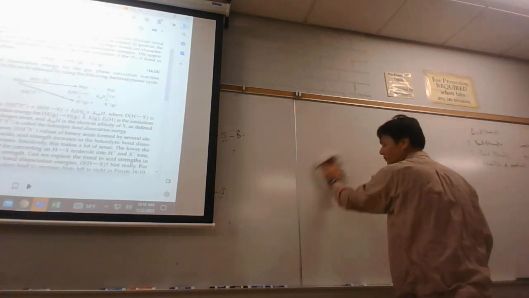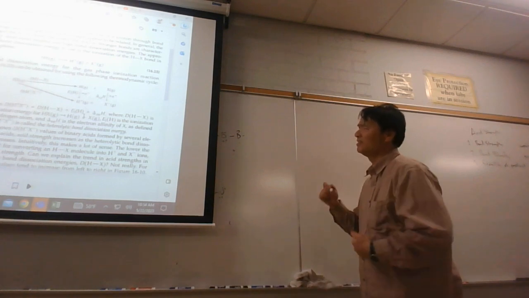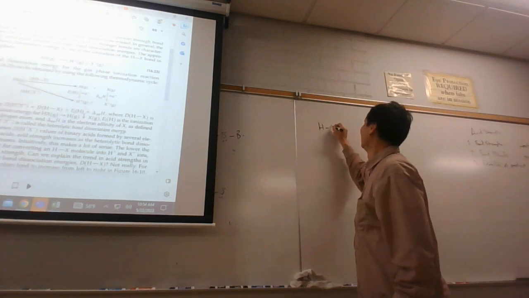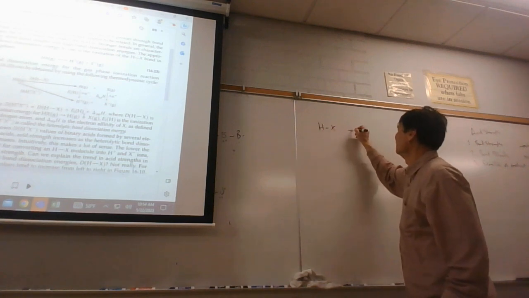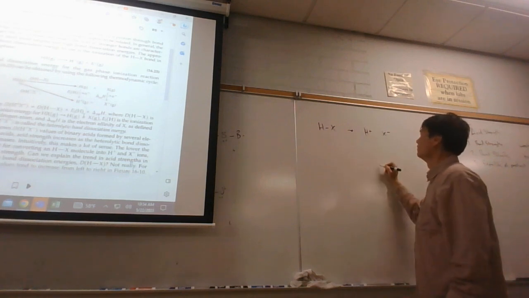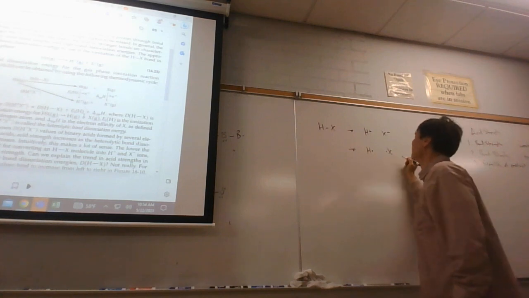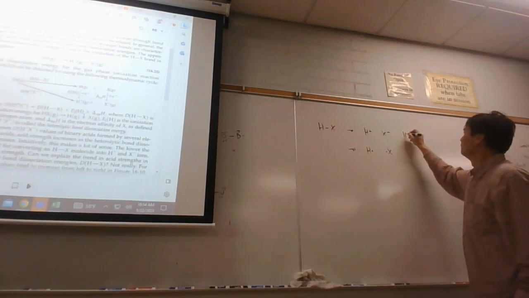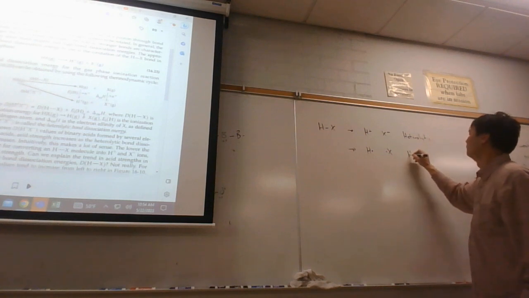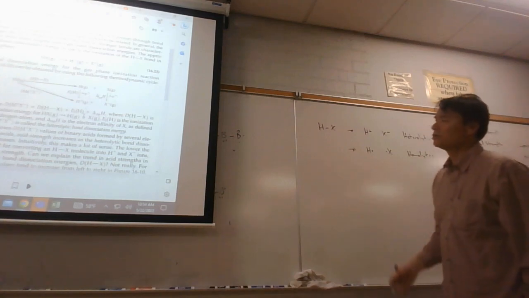The bond energies that we see compiled in chapter 10 are homolytic bond cleavages. And so we're looking at HX. The two ways we can break it, heterolytic or homolytic, and they give different energies.